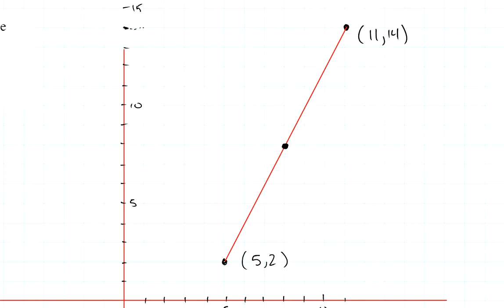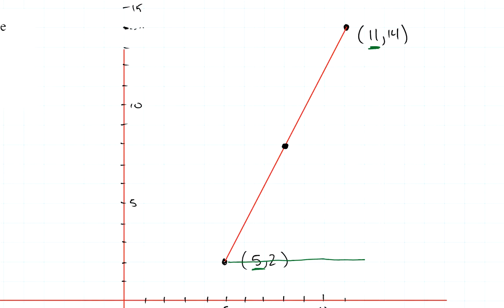Again, what we were noticing is that when we travel from x is 5 to x is 11, that's a change of 6 units on my horizontal axis.